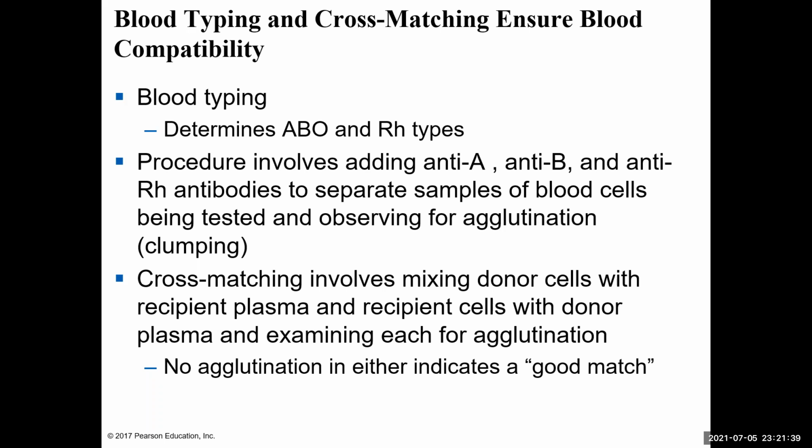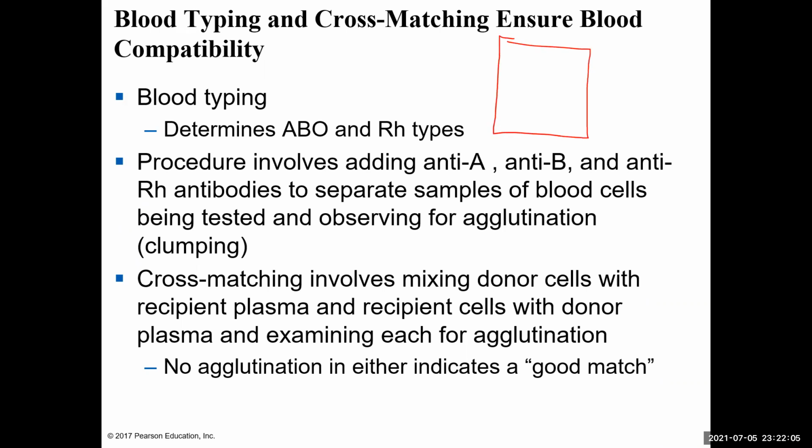Right? And so what we basically do in a blood typing test is we take a sample of blood and put that sample of blood into different wells. So you would have a plate, right?